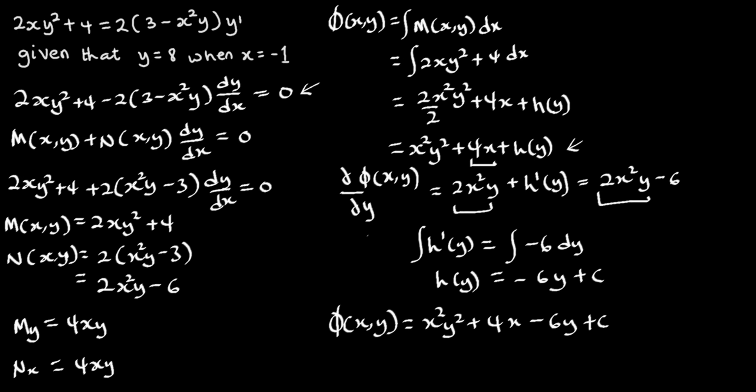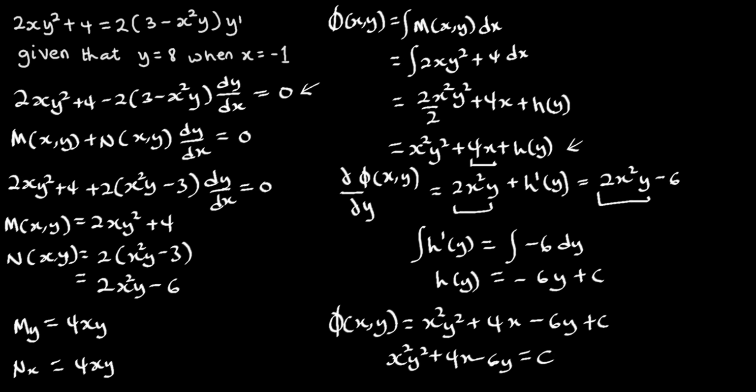But you have been given some initial conditions, so you can find the value of c so that you can get our particular solution. To find the value of c, I will write the implicit solution, which will be x squared y squared plus 4x minus 6y equals c.